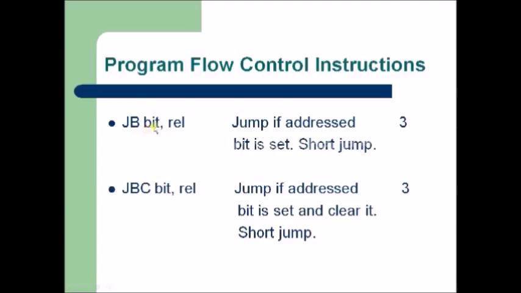If the specified bit is set, then it jumps to the relative address. JBC bit, relative address means jump if the addressed bit is set and clear it. It has to jump to this relative address whenever this bit becomes 1, and while jumping to this location it has to clear this bit.